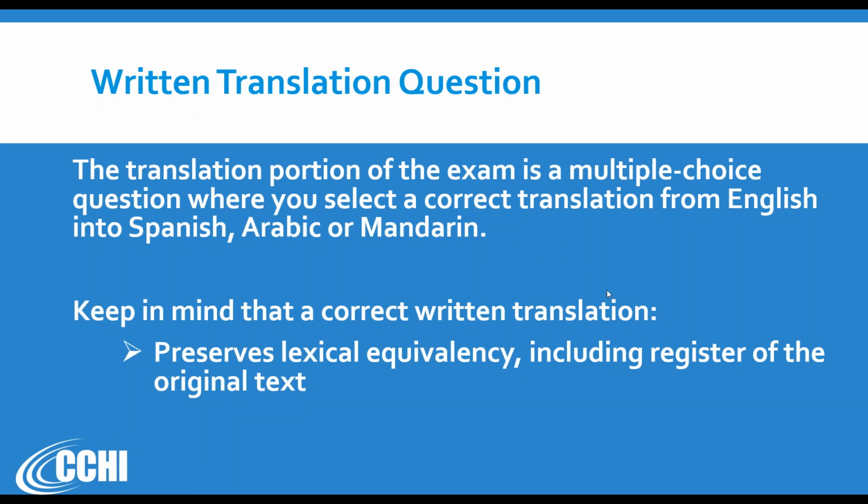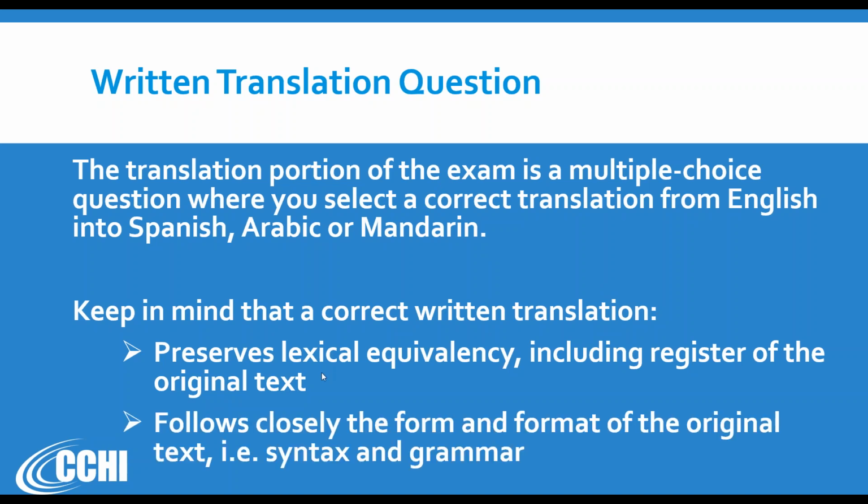It's the one that preserves not only the lexical equivalency, which includes register, but also follows closely the format and the form of the original. Because unlike site translation, which is done orally, translation is written. And I know linguistically, written translation is repeating itself, but we do it so there is no confusion with the site translation.